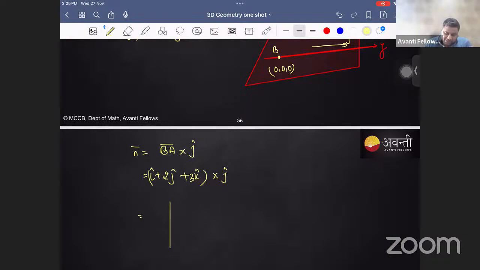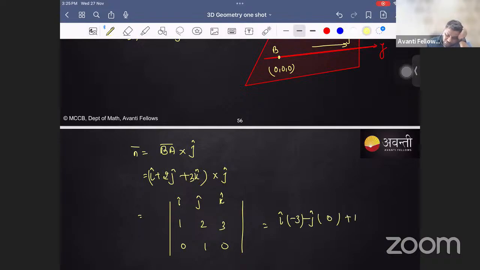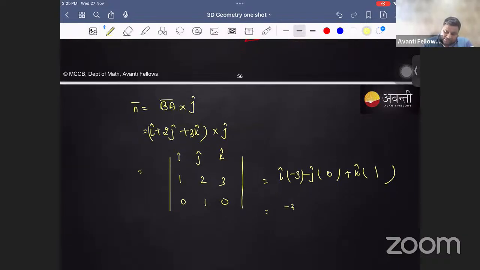So that is the determinant of i cap, j cap, k cap; 1, 2, 3; 0, 1, 0. So with i cap, you got minus 3. With minus j cap, you got 0. And with plus k cap, you got 1. Correct? So that is minus 3 i cap plus k cap.